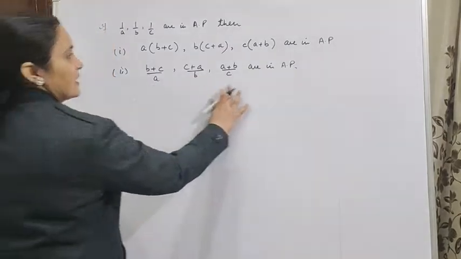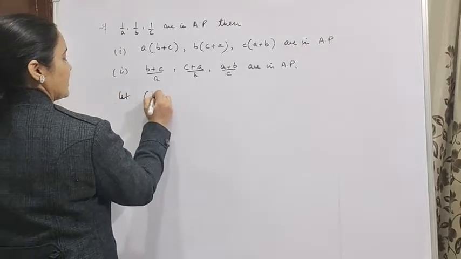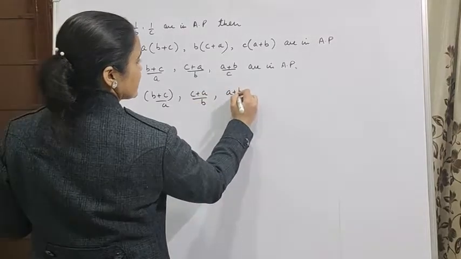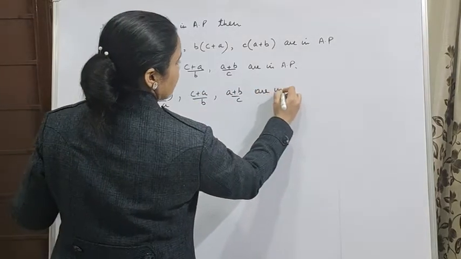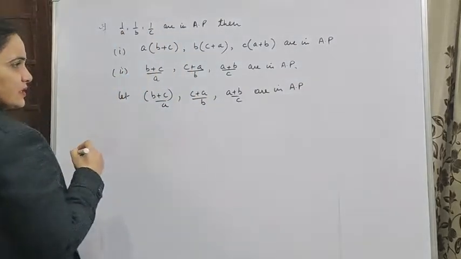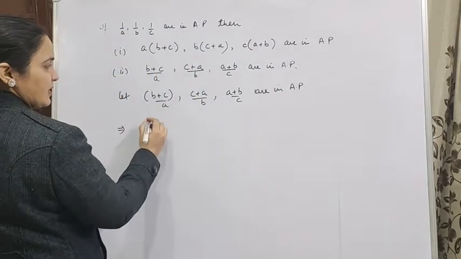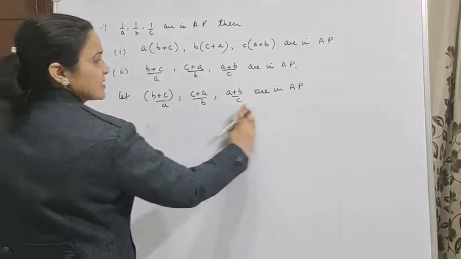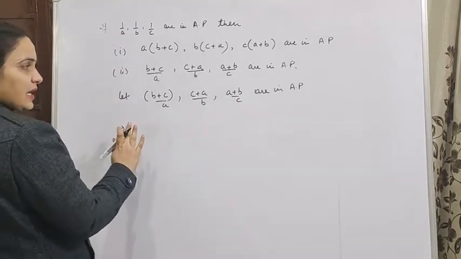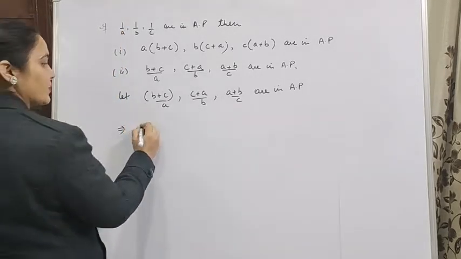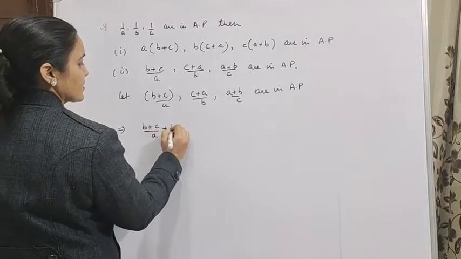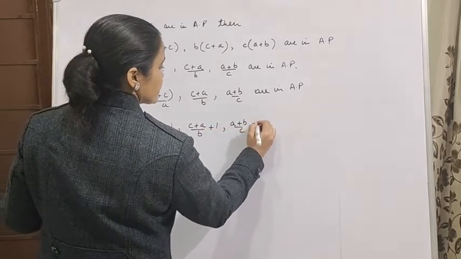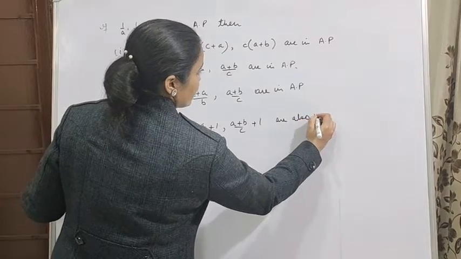Second part: let B plus C upon A, C plus A upon B, A plus B upon C be in AP. If they are in AP, this will imply, adding 1. If they are in AP, then if we add a constant to them, they will also remain in AP. So it is B plus C upon A plus 1, C plus A upon B plus 1, and A plus B upon C plus 1 are also in AP.